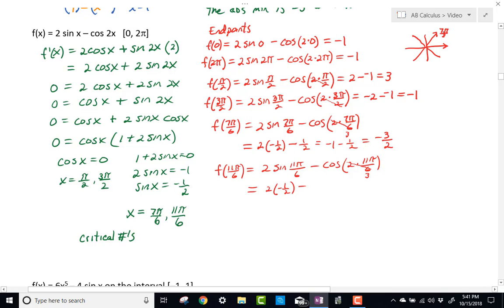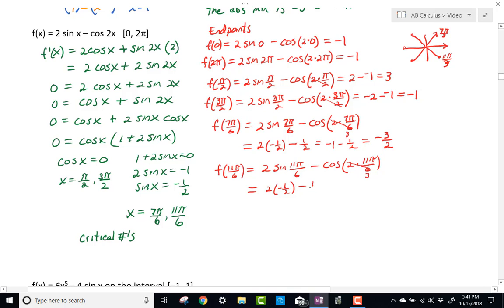Now remember, we were at 7 pi thirds up over here earlier, so this would be 8 pi thirds, 9 pi thirds, 10 pi thirds, and 11 pi thirds. So we're down here. This is 11 pi thirds over in the fourth quadrant. Now, again, in the fourth quadrant, cosine is positive, so that's also positive 1/2.